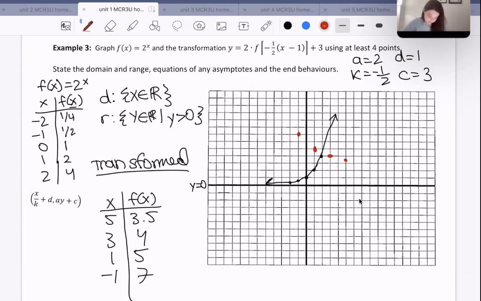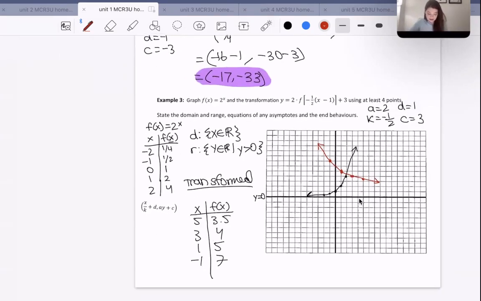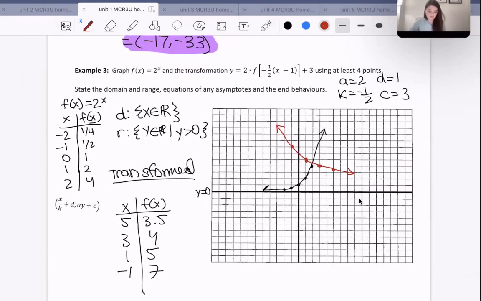Okay, so it looks like they're going to go somewhat like this. And if we think about what's being done here, it's a vertical stretch by 2, horizontal stretch by 2, also reflected in the y-axis, which looks like it was, and then also moved over a bit as well. That looks about right.